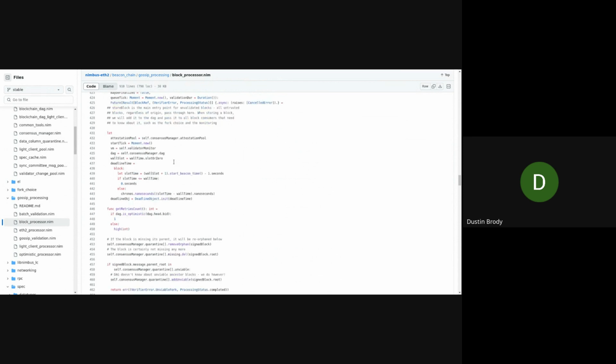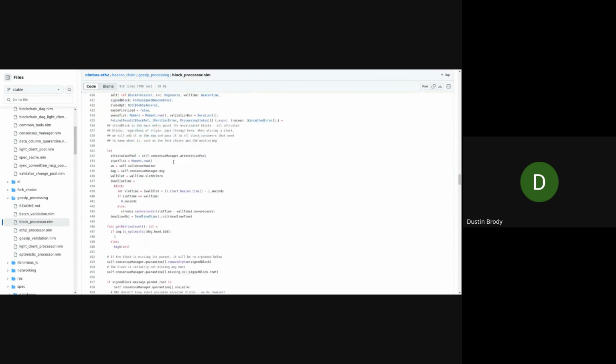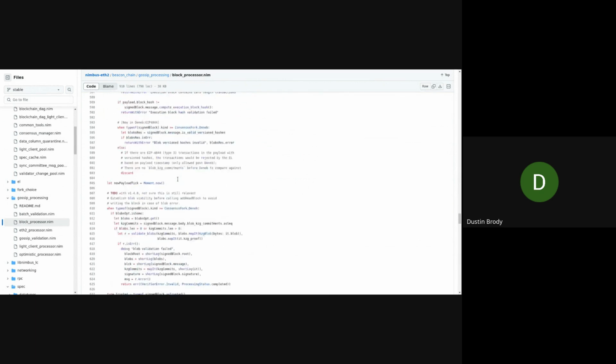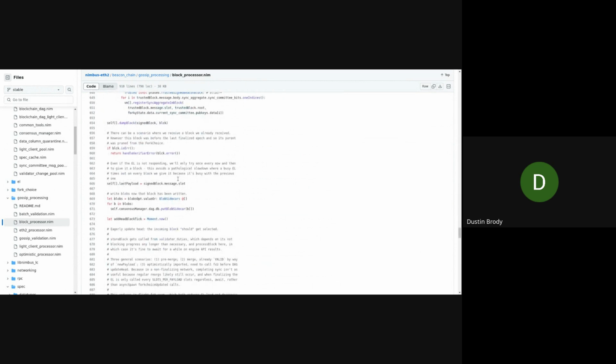We actually literally have types, not called untrusted, but we have not-quote-unquote trusted, and we have trusted blocks. And this is the dividing line between the two. This sends them along. On one side of that, what you have is the gossip processing, and the rest of the gossip processing is all the untrusted stuff.